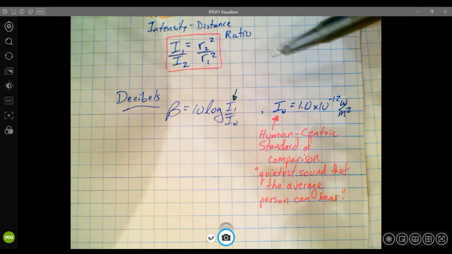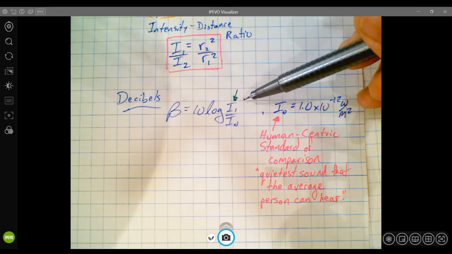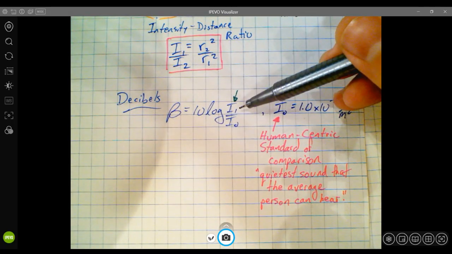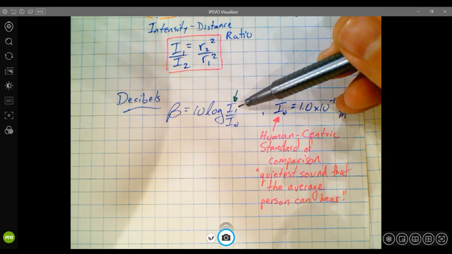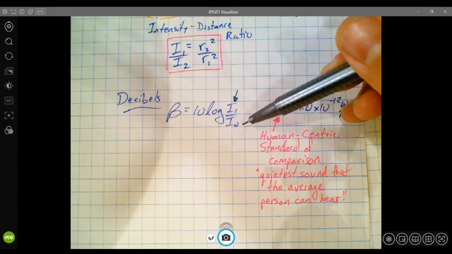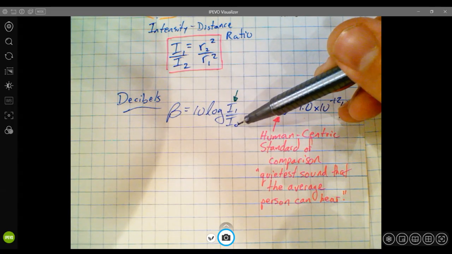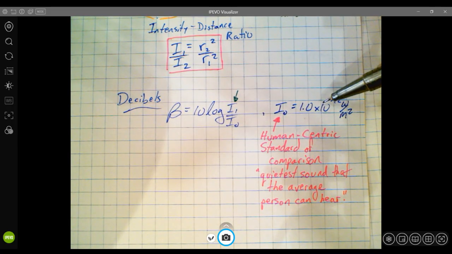So whenever we're calculating a standard decibel, we're comparing I1, whatever intensity we're actually hearing or observing, and I naught, which is this quietest sound.